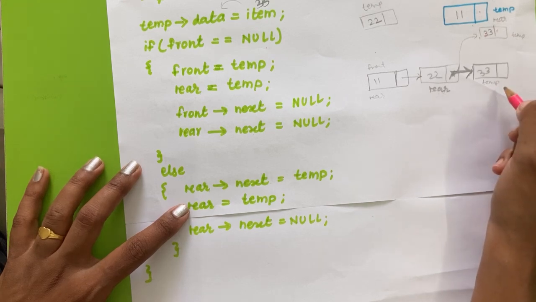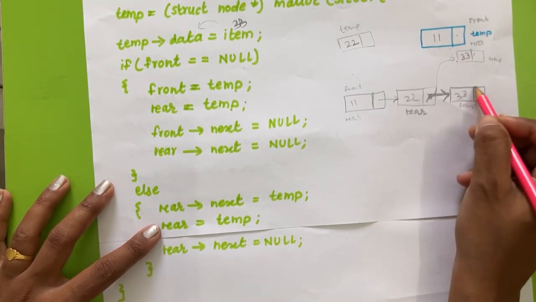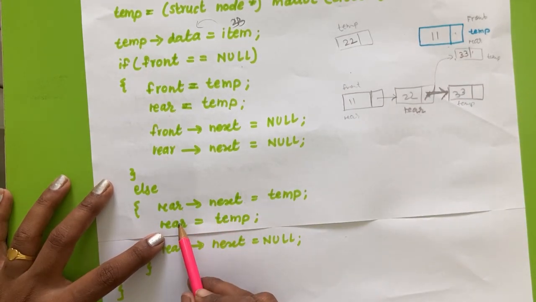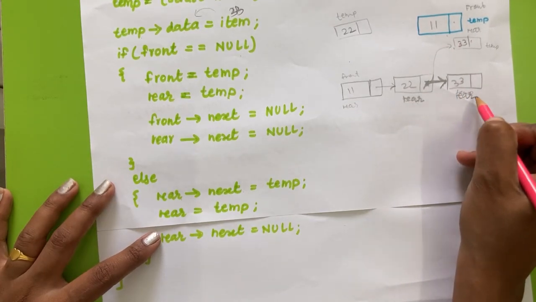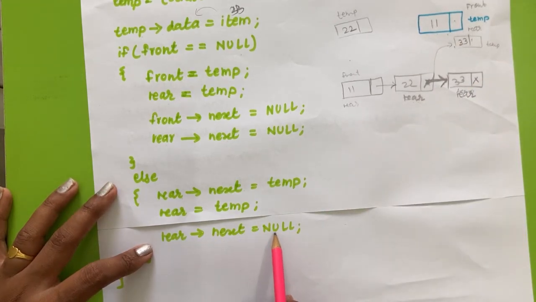Now we have to update the rear again because this will be the new rear. So temp will be assigned as rear, and now this will be the rear node, and we don't have any next node present right now in the queue. That's why its next will point to null. So rear->next is equal to null.